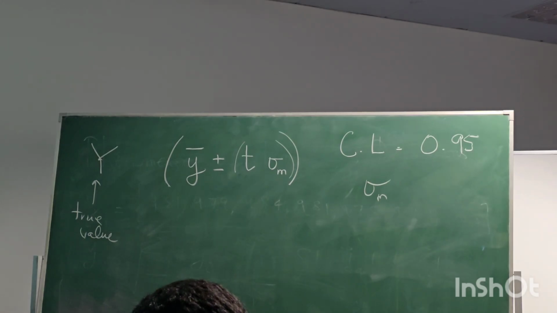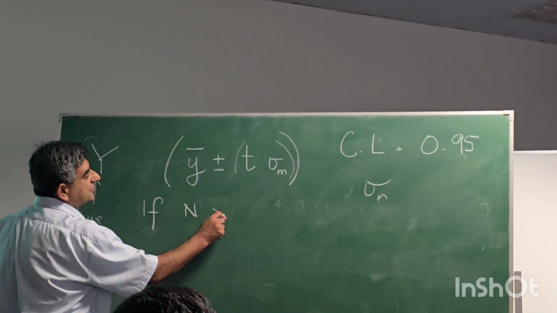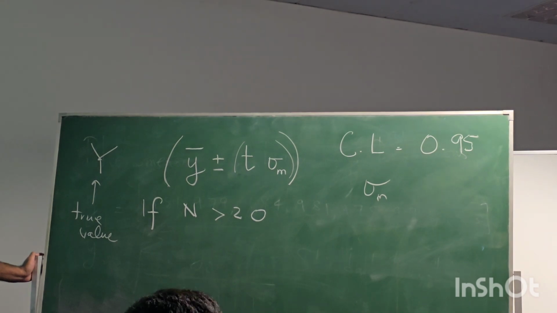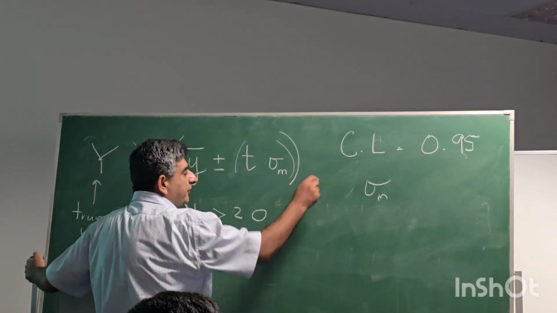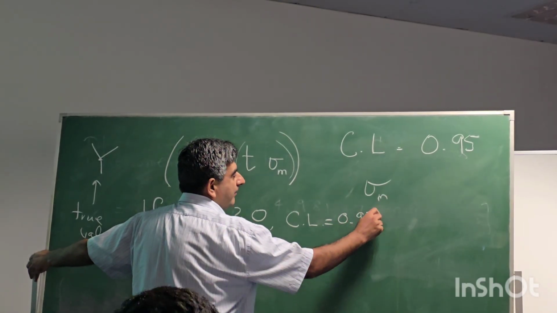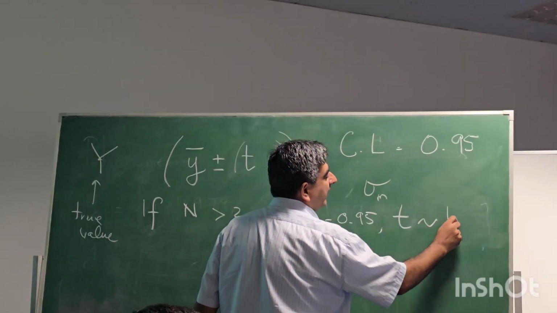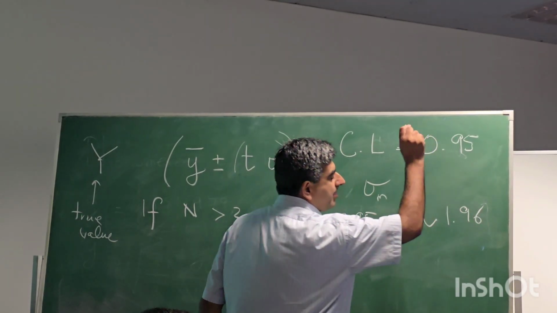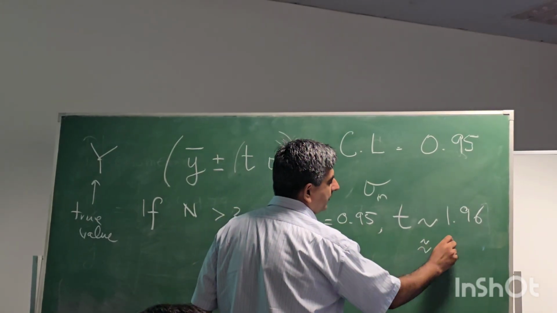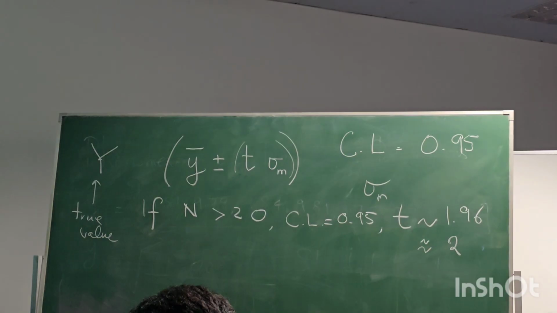So if my number of data points is larger than about 20, then for a confidence level of 0.95, my t is roughly equal to 1.96, or 2. So what does this mean?